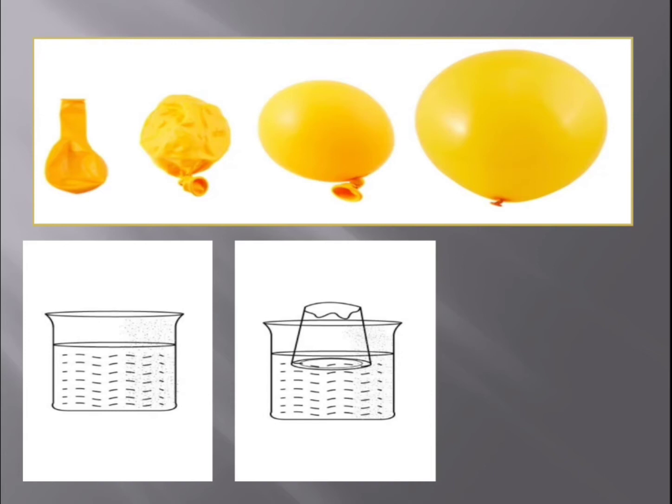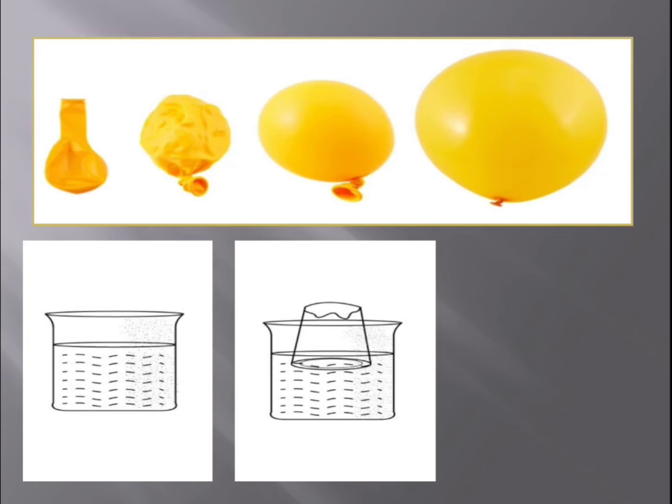Why? Because the glass is completely filled with air. Even though it is empty, it is filled with air, and air we cannot see with our eyes, isn't it, children? So by this experiment we can say that air occupies space. And if you continue pushing, it bounces back because of the presence of air.